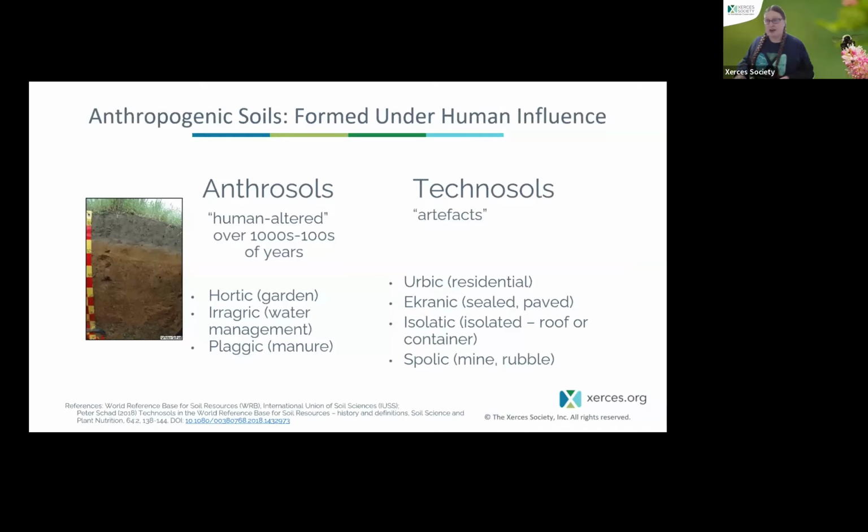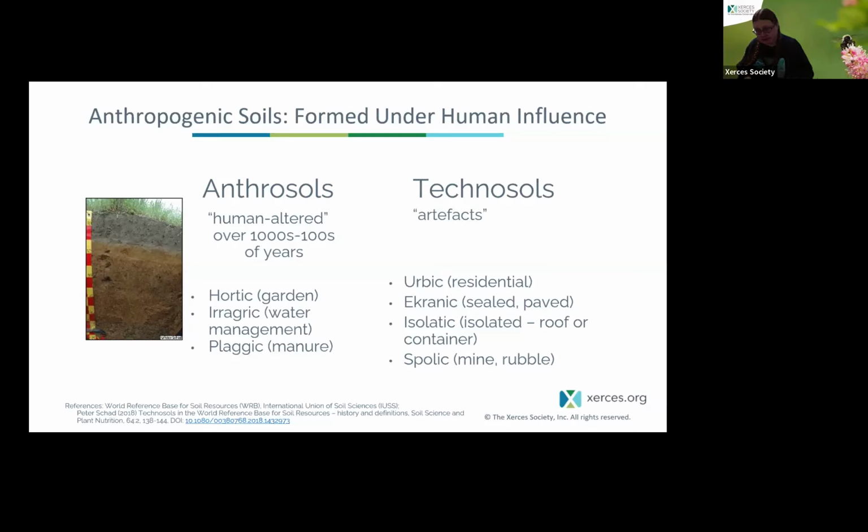So soils formed under human influence can be anthrosols, technosols. In the first category, these are human-altered soils over hundreds and hundreds of years, long periods of time. These can be from agriculture. They're profoundly modified by intensive cultivation, irrigation, addition of organic wastes and other materials.